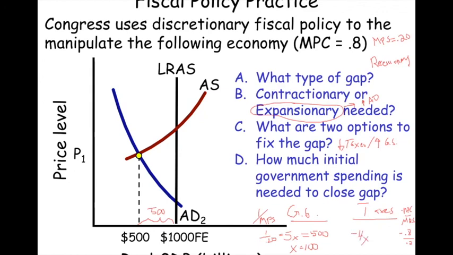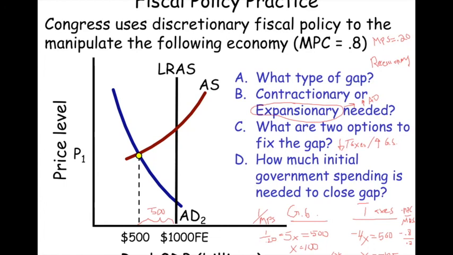Using the same process here, 4 times x equals 500. Solve for x. X is going to equal negative 125. So here's why you can see it. The government would need to cut taxes, that's why it's negative, by 125 billion, or increase its spending by 100 billion.